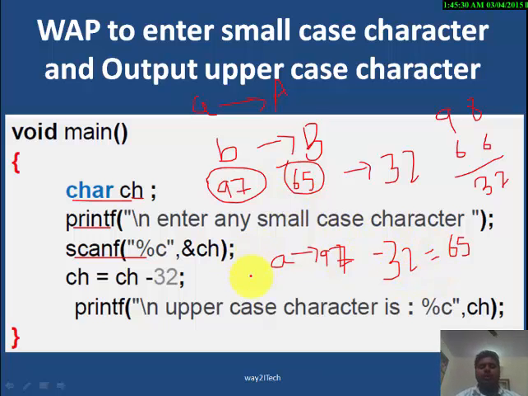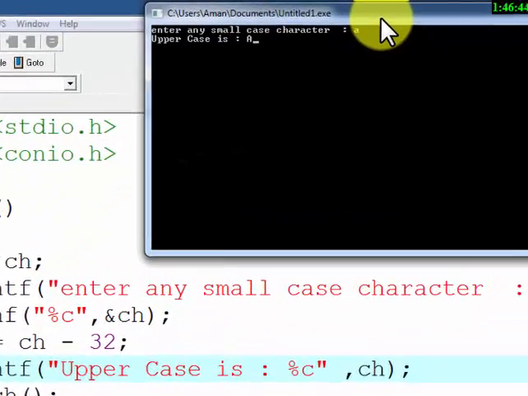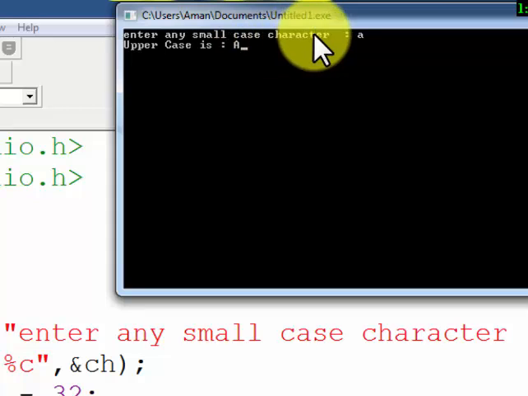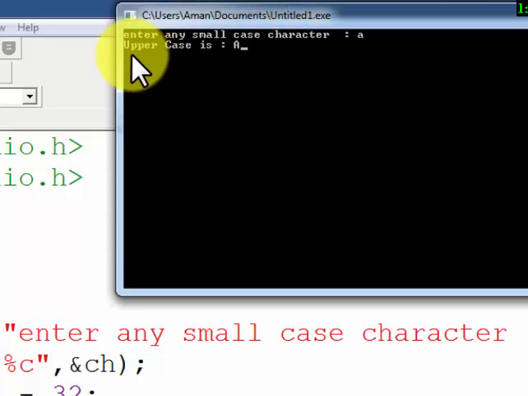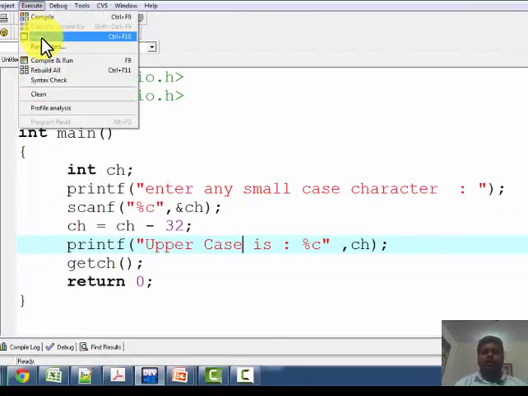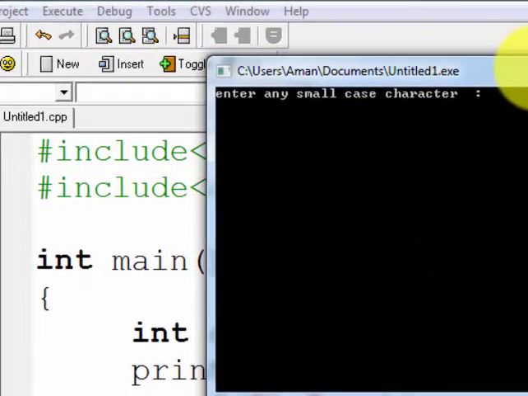We will run this program and see. Enter any small case character, we entered a and we get output as capital A. Similarly, if we enter small w, we get output as capital W.